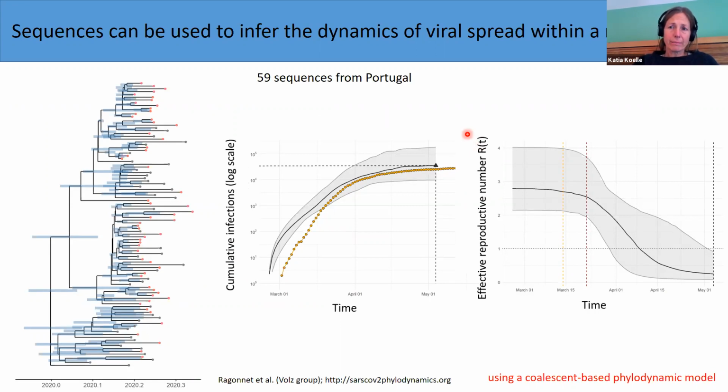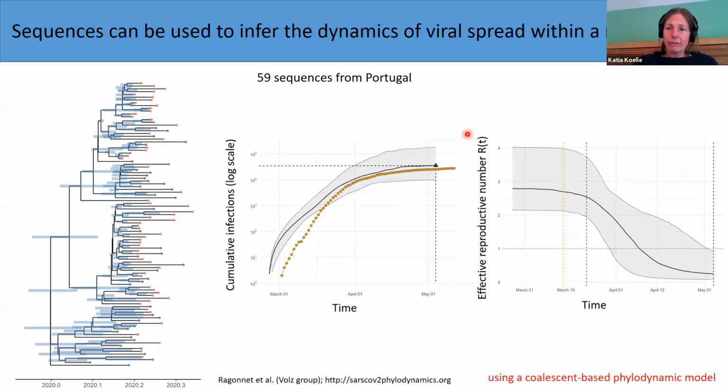So both of these methods, the birth-death and the coalescent-based methods, basically rely on inferring a tree and inferring the population dynamics underlying viral spread, and of course the tree topology and the branch lengths in particular are affected by the inference of the population dynamics as well.